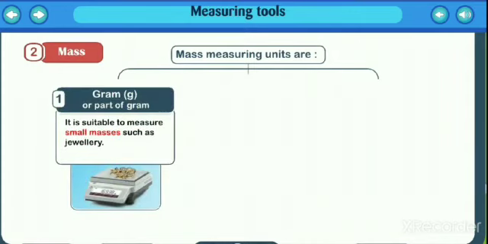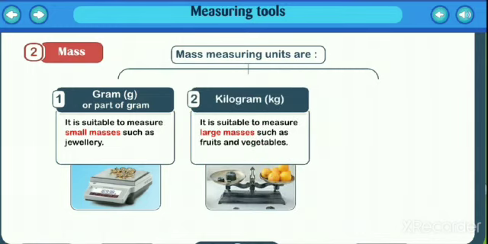Mass measuring units. We have three measuring units of mass. The first unit is called gram or a part of a gram. It's suitable to measure small masses like jewelry, gold, chemicals, and what else. The second unit is kilogram.